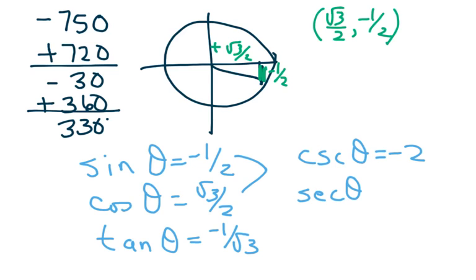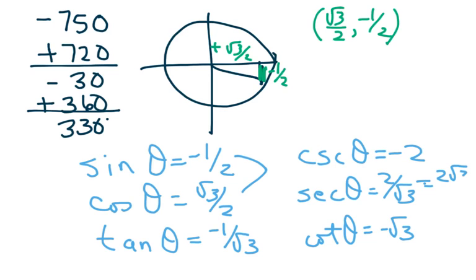Secant of theta is 2 over root 3. And cotangent of theta equals negative root 3. Now when you rationalize these, you're going to get 2 root 3 over 3 here. Rationalize this, you're going to get negative root 3 over 3.